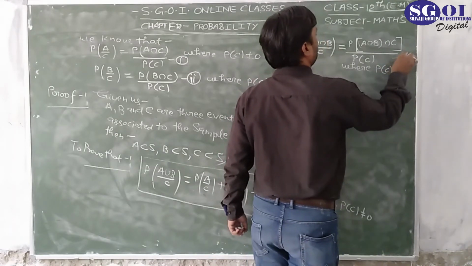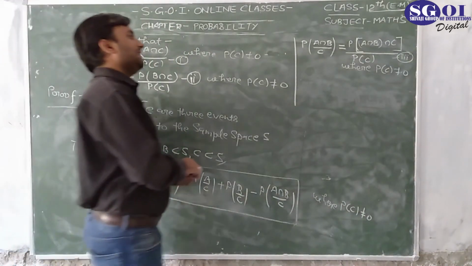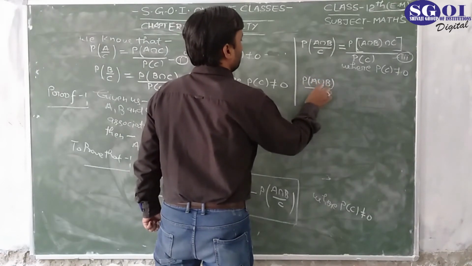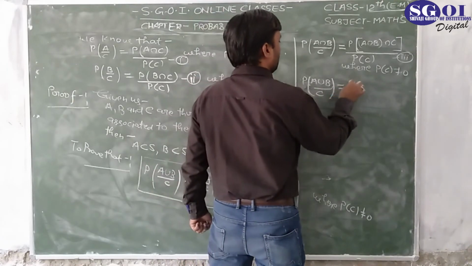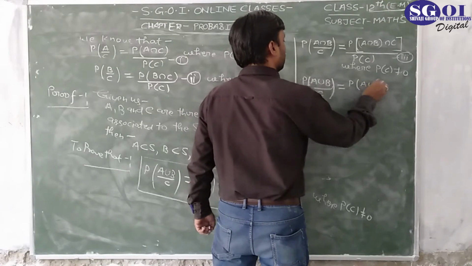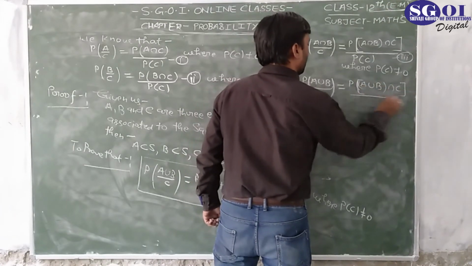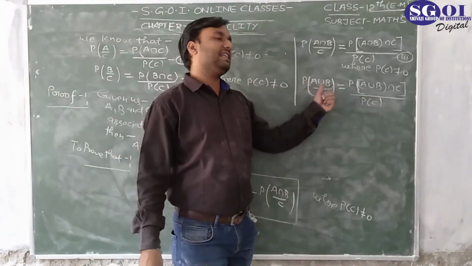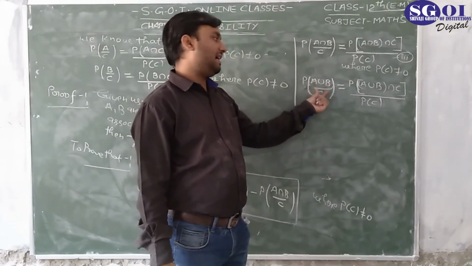This is equation number third. And the last one is probability A union B by C. So probability A union B by C is equal to probability of A union B intersection C upon probability of C, by which formula? By the formula of probability A by B. We will suppose A union B as A and C as B.